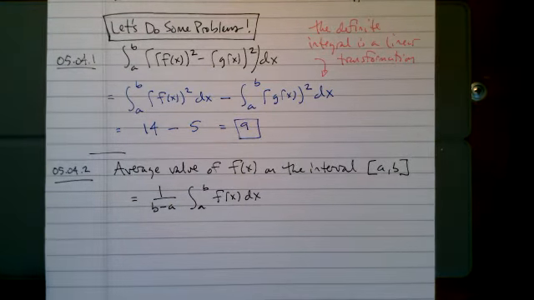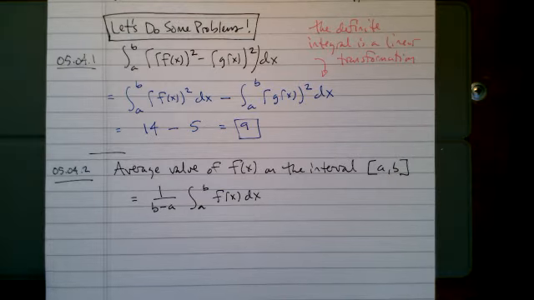This is actually in line with the way we calculate averages of things. If I have all of your test scores, I add up all your tests, and I want the average test score, I add up all your test scores and divide by the number of test scores. I get the total of all the points and divide by the number of tests.